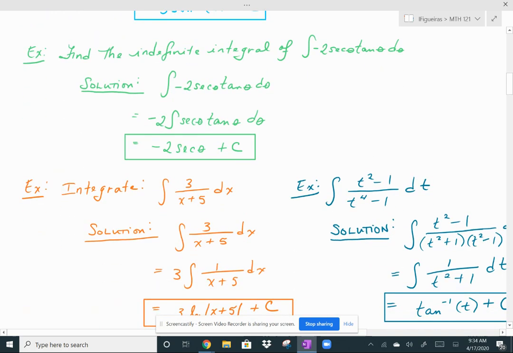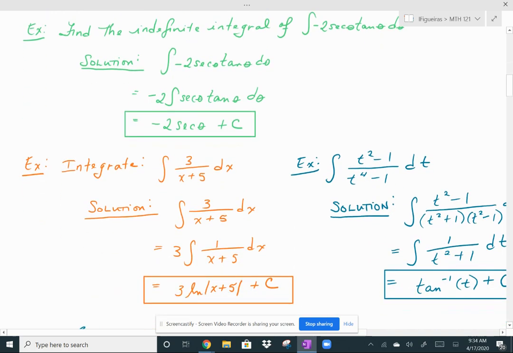Okay, so here in orange, we have to integrate the integral of 3 over x plus 5 dx. So similar to the previous two examples, I'm going to factor out the 3, which leaves me with 1 over x plus 5. All right, so I can't apply the anti-power rule because I have two terms in the denominator, so I can't rewrite them in a different way.